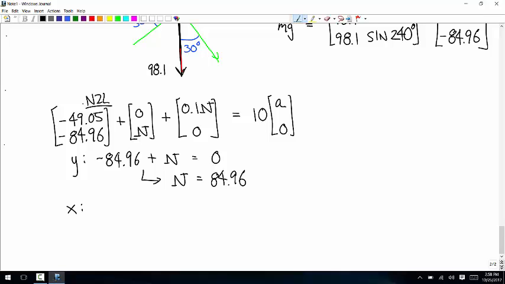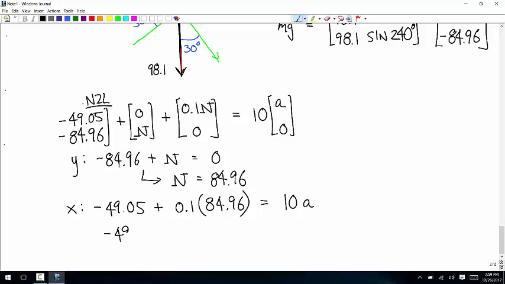And then plug that into the x equation, you get negative 49.05 plus 0.1 times 84.96 is equal to 10a. So negative 49.05 plus 8, that rounds to 50, is equal to 10a.